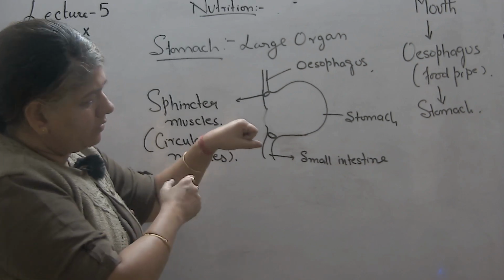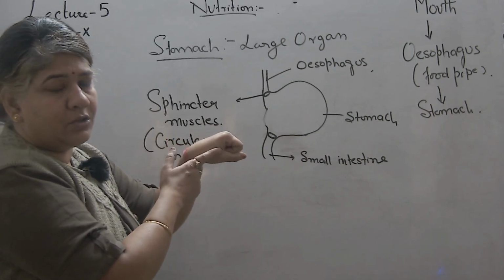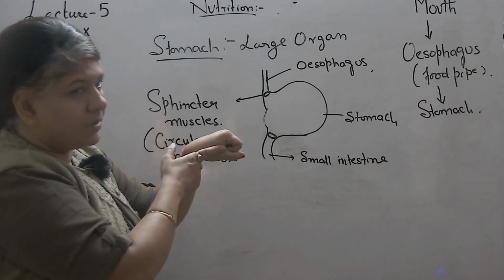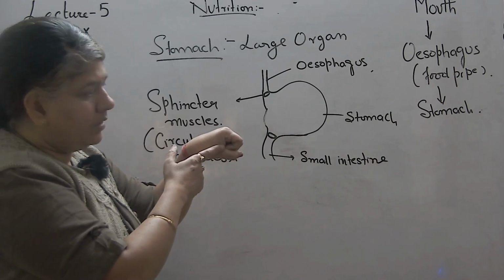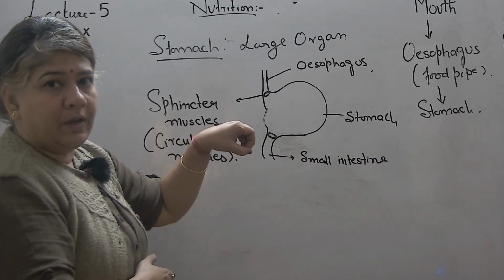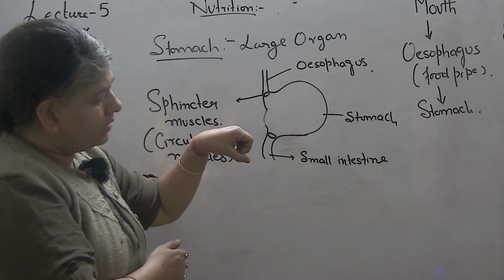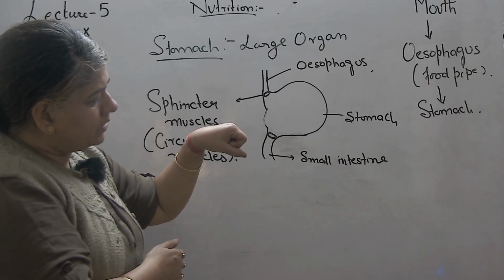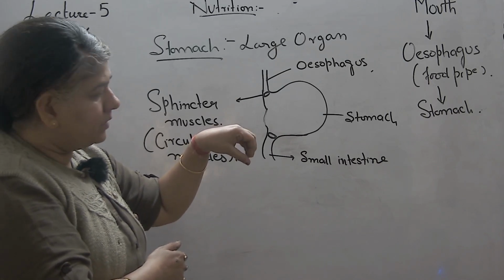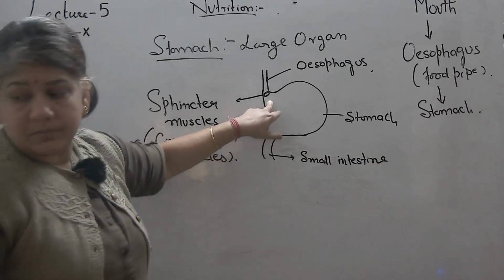It is in a contracted position, so this opening is closed. When the food comes to this juncture, the muscle relaxes and opens the opening. Once the food passes, it closes again. So it is a circular muscle which keeps the opening closed and opens intermittently.